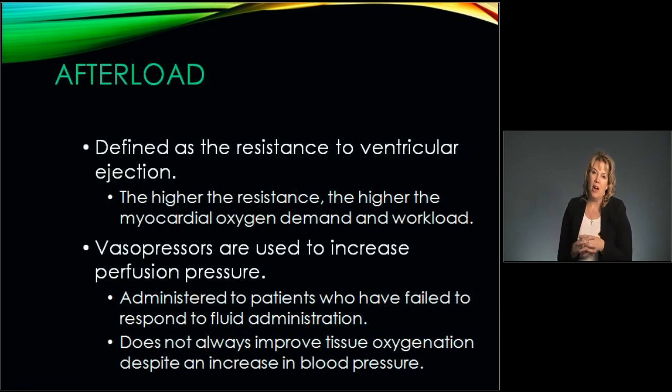Bottom line, our cardiovascular system is a bag. I have my heart, I have my arteries, and I have the veins bringing the blood back to the heart. And it's a closed system. There's a certain amount of volume within that system, and so we need to make sure we have adequate volume.